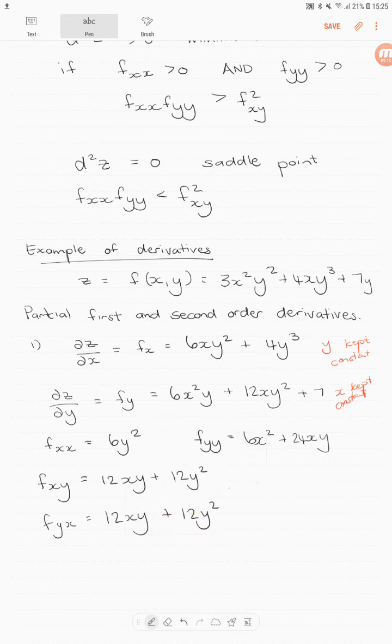So it's important to note that these are equal, so you can remember that fxy will always be equal to fyx. So you only need to calculate one.